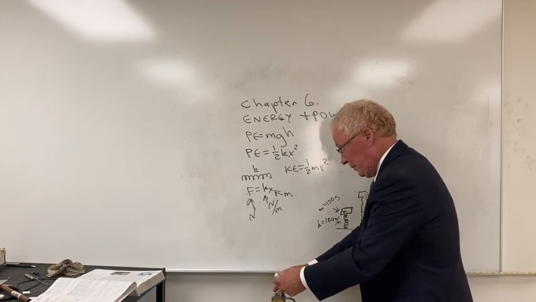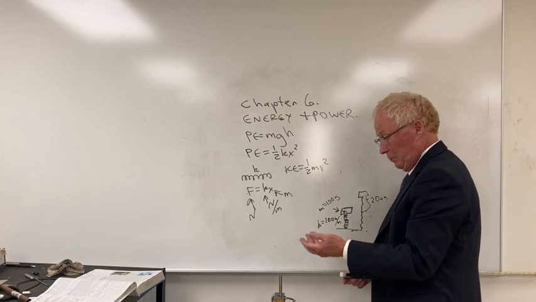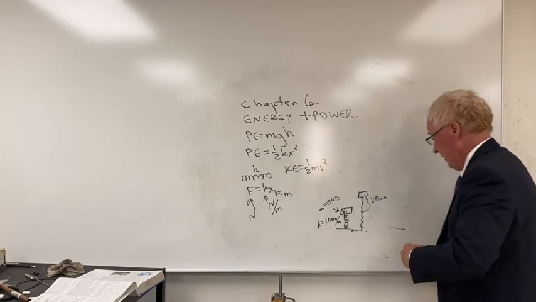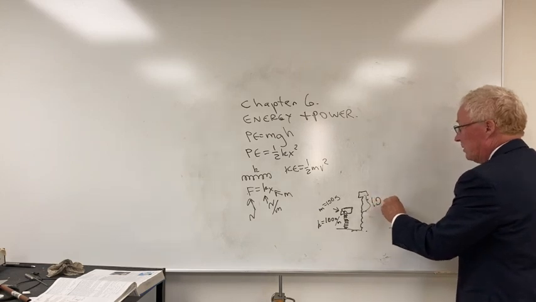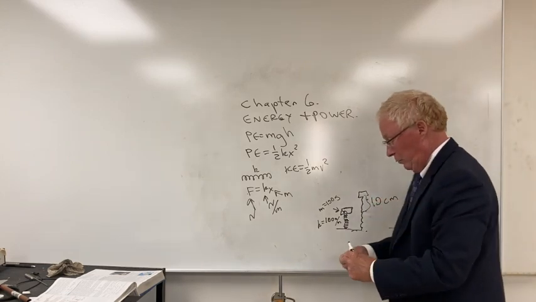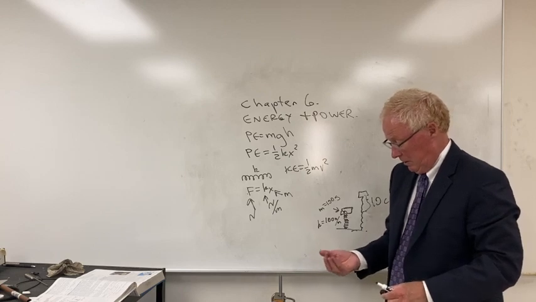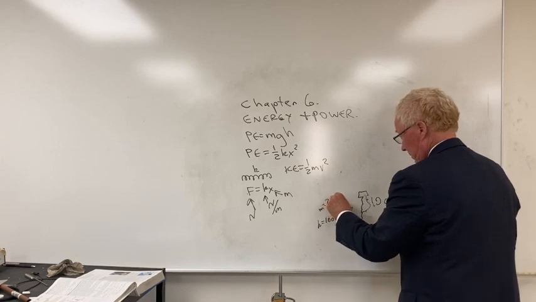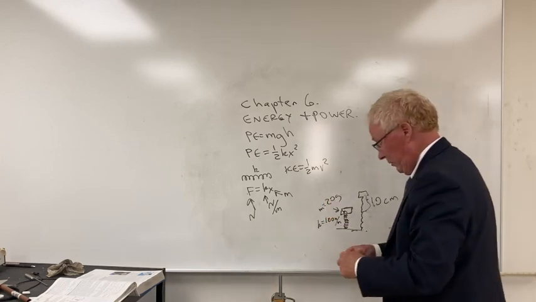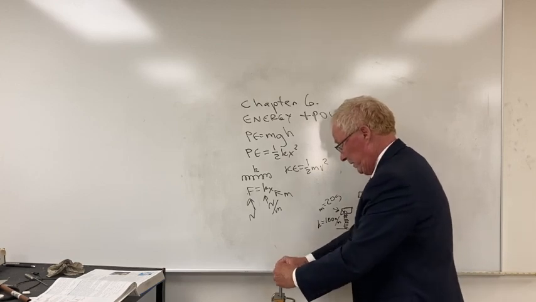This is approximately 10 centimeters, so instead of 20, I'll do 10 centimeters. This ball probably weighs less than an ounce, so maybe it's 20 grams. I don't know what the spring constant is for this, so I'm going to compress it.